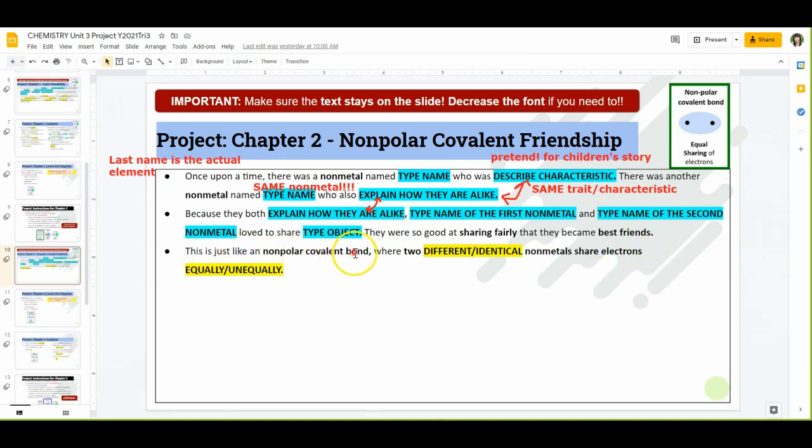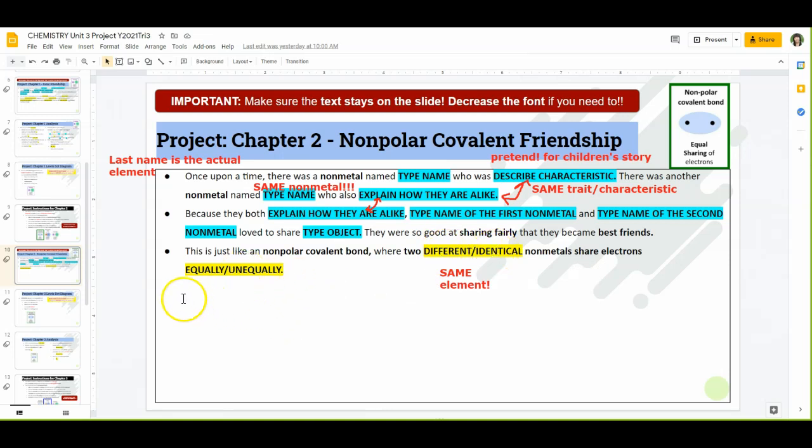So this is just like a nonpolar covalent bond where two, go ahead and choose the correct words, different or identical, nonmetals share electrons equally or unequally. Remember that these are the same element. If they're the same element, that should help you figure out if they are different or identical. That should be very obvious.